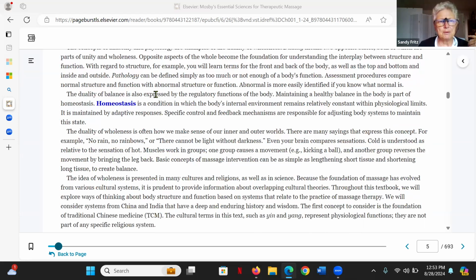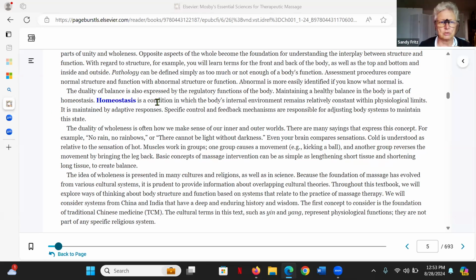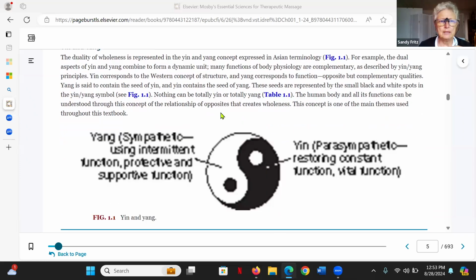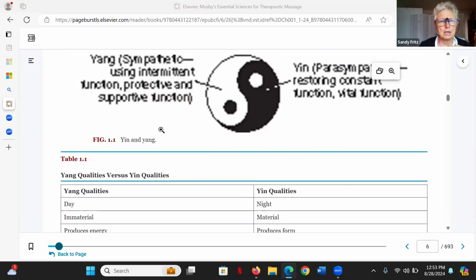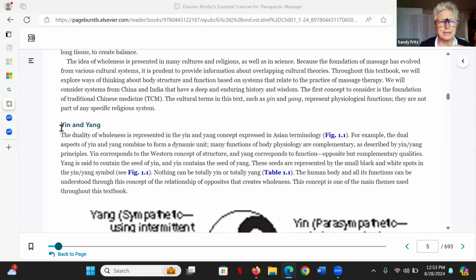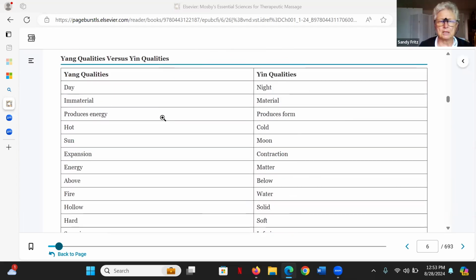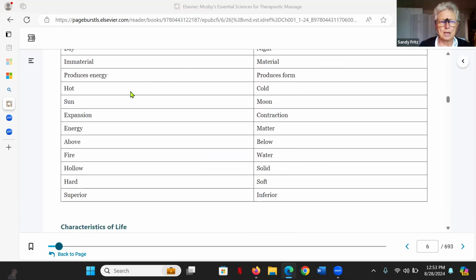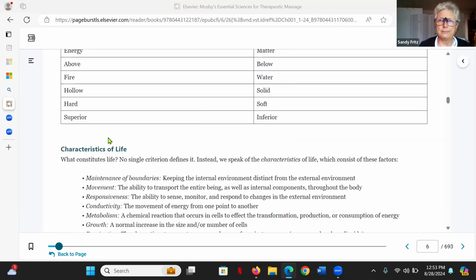So a big concept that we're always looking at is homeostasis, a dynamic steady state, because we're always responding to our external and internal world. And then here is our overlap with yin and yang, and beginning to understand this concept of balance, which is above and below, and hollow or solid.